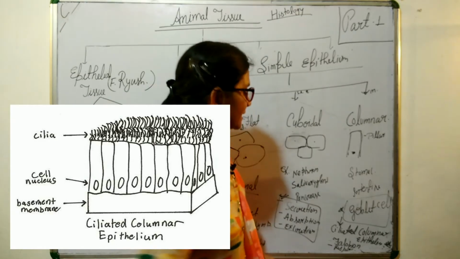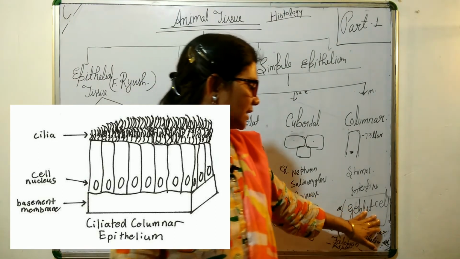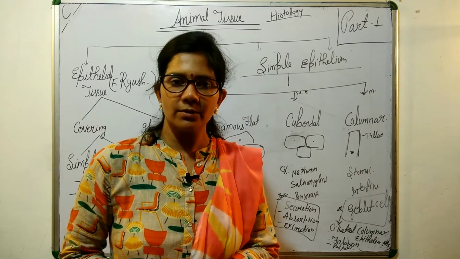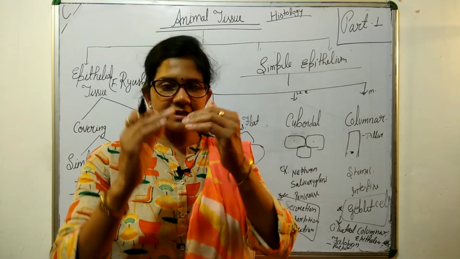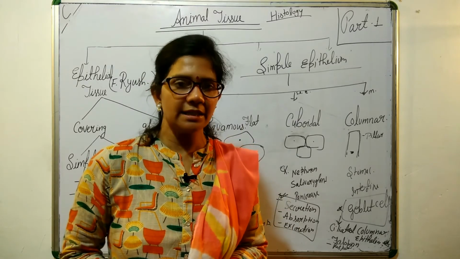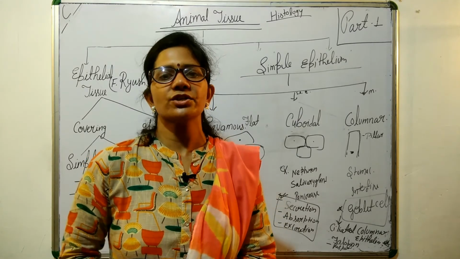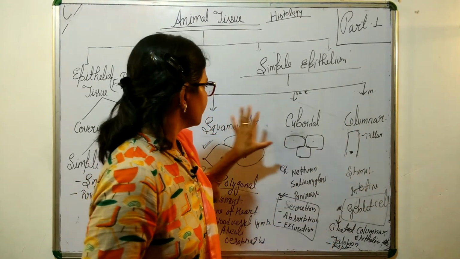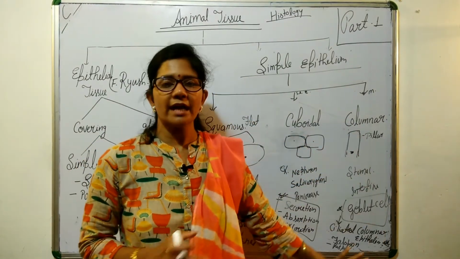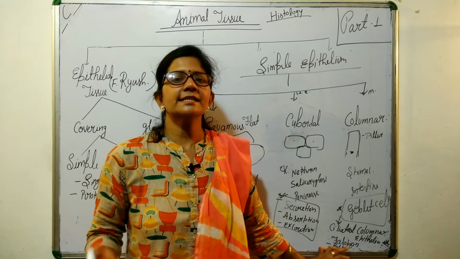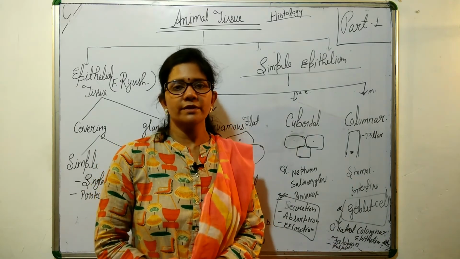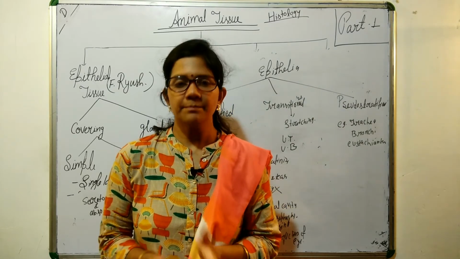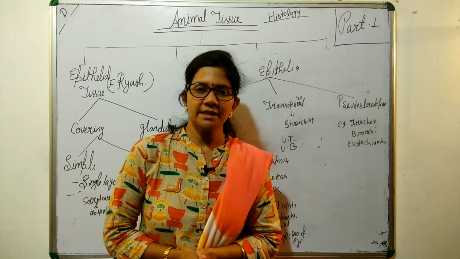Then one more, as we have seen the goblet cells, you will find them in the gastrointestinal tract, scattered epithelial cells which help in secretion of mucus. So it was about the simple epithelial tissues without modification. Now let's see if there is any modification. As we have seen the simple epithelium.